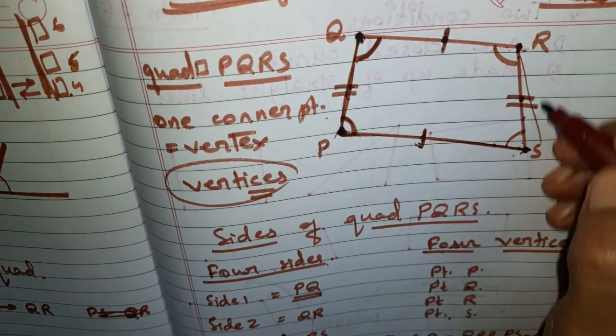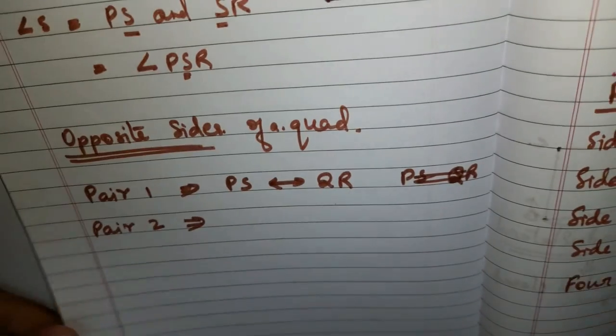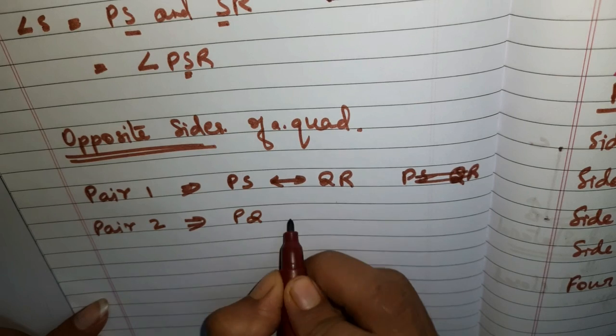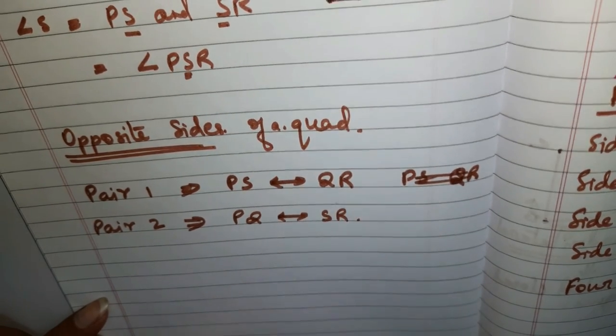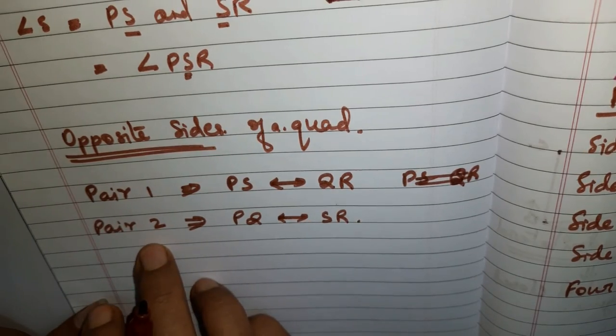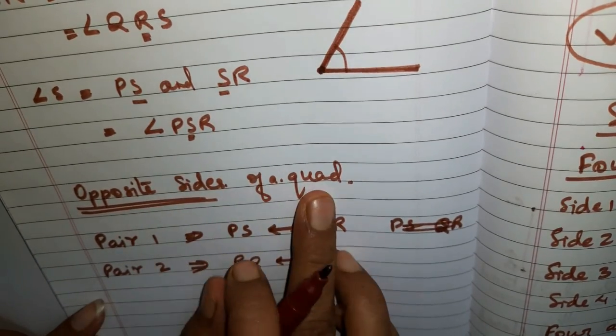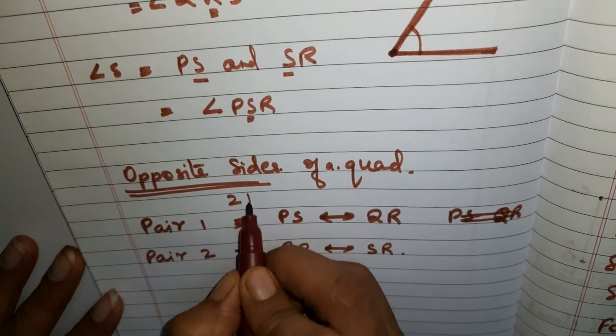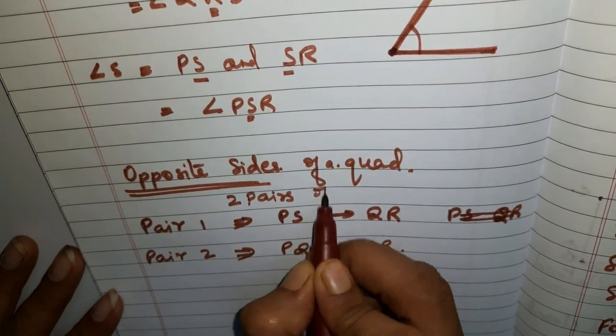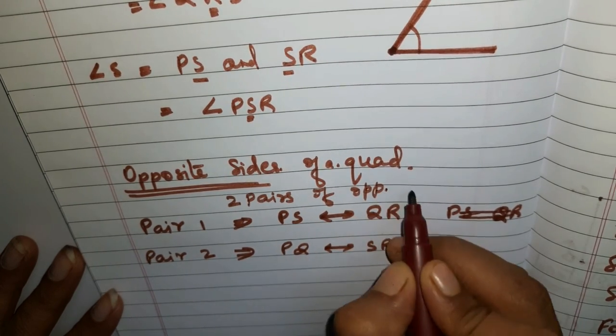PQ is opposite to SR. So we have 2 pairs as PQ opposite to SR. How many pairs of opposite sides are there in a quadrilateral? In a quadrilateral we have 2 pairs of opposite sides.